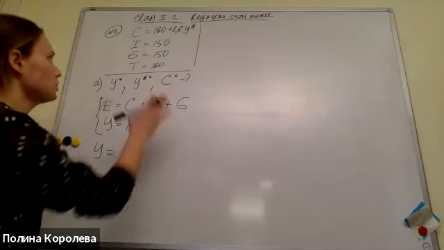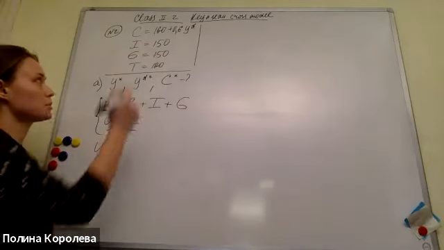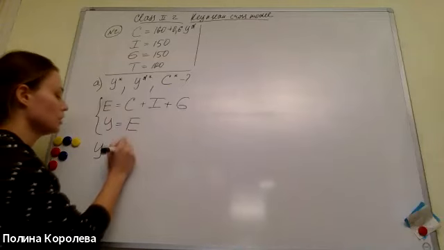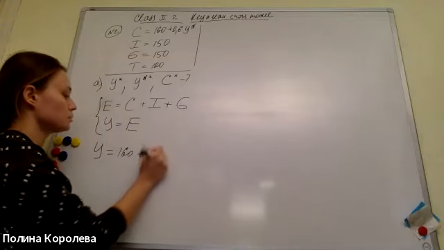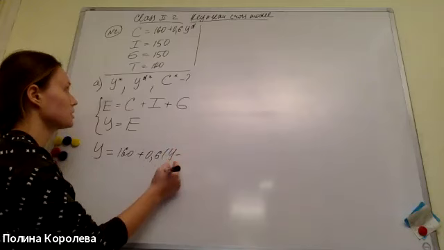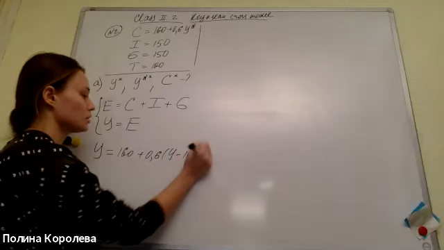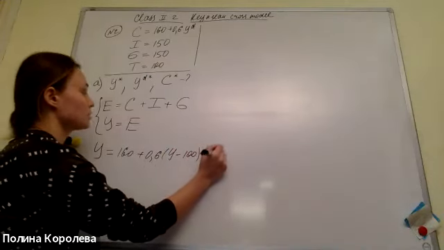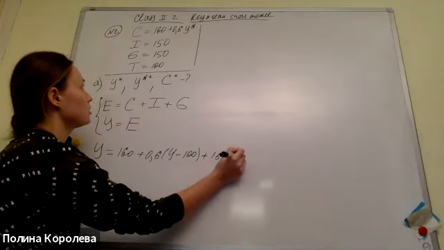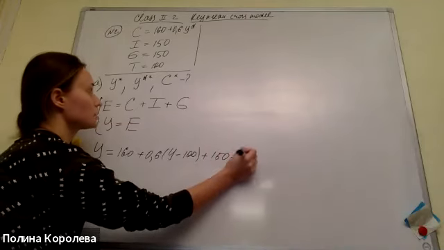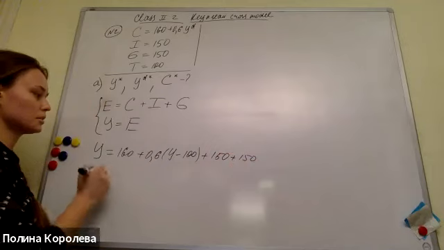So we will have GDP equal to everything that you told us. Let's put everything in our formula: 160, 0.8, Y minus taxes, 100, plus investment, plus 150. And so from here, the answer.